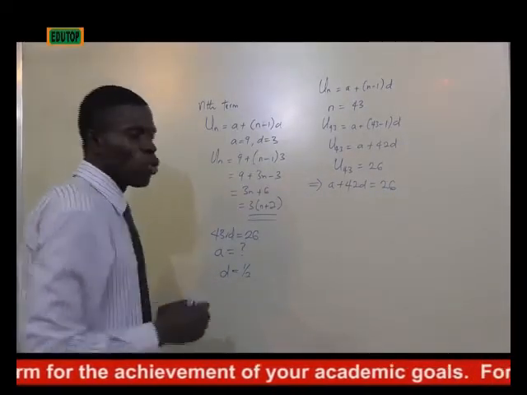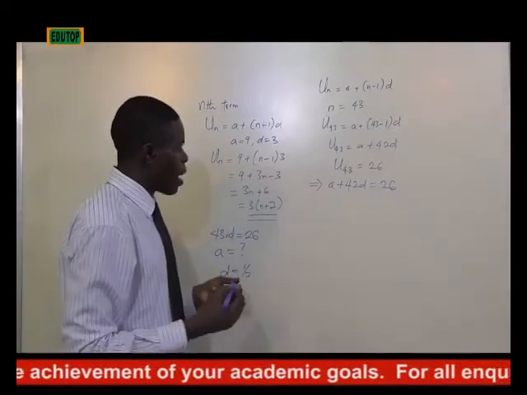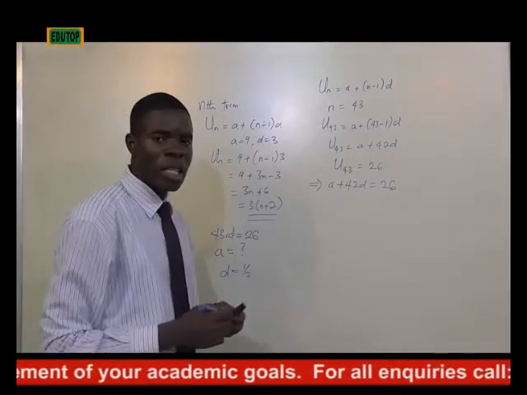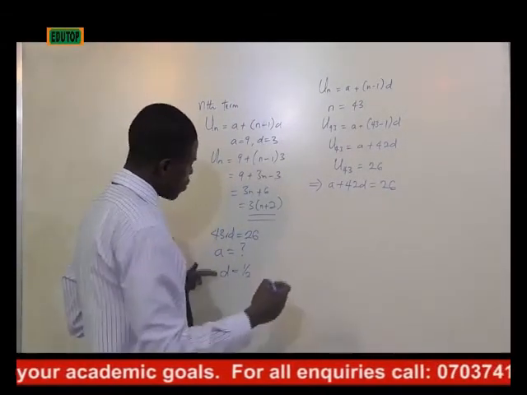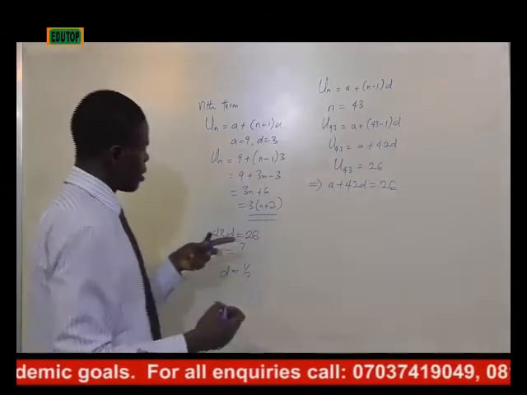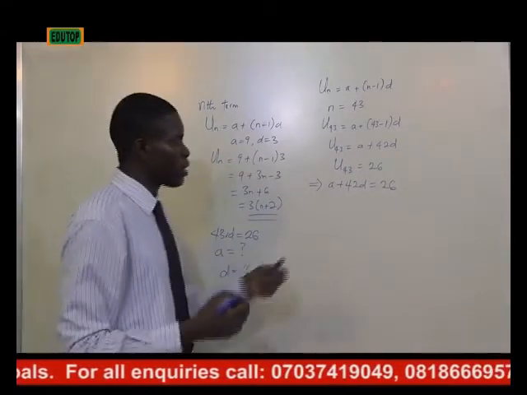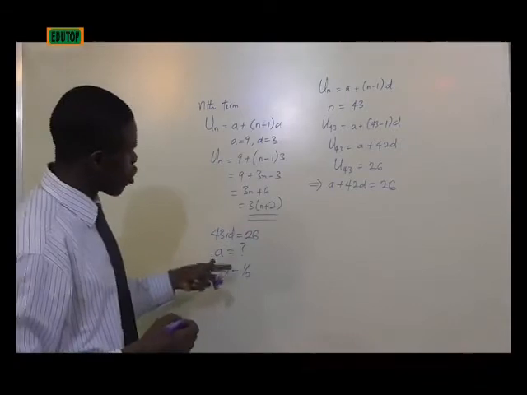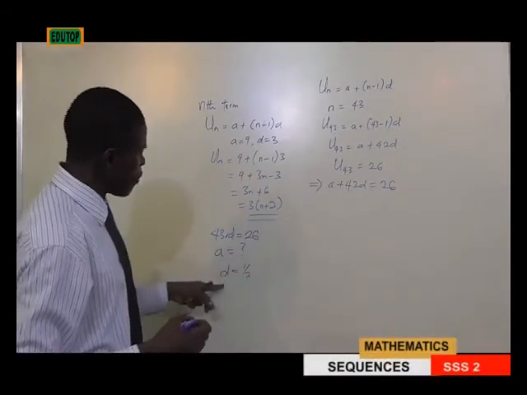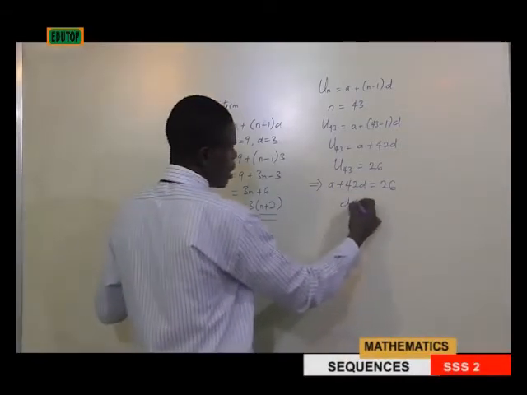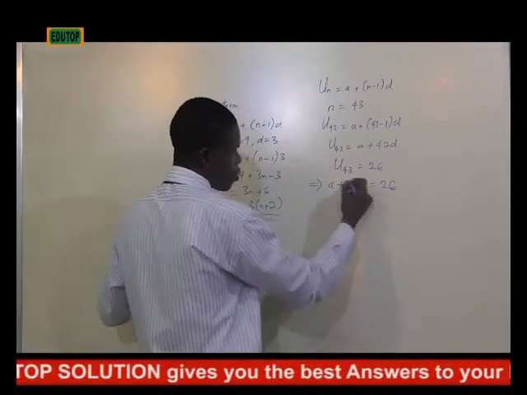The first term is what the question asks us to look for, and we know D. So when we substitute those two parameters into this equation, we should be able to calculate our A. Our D is half. So we substitute that into this.